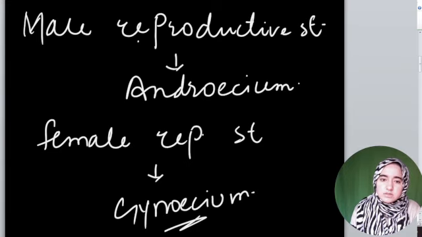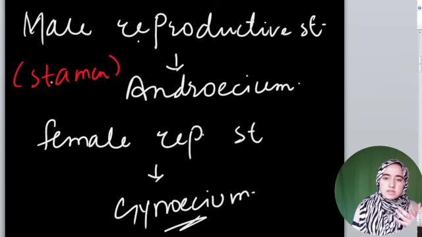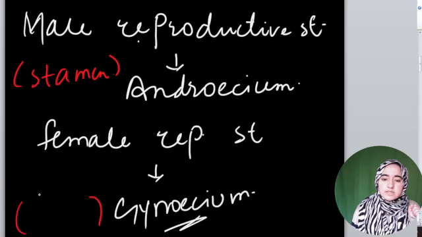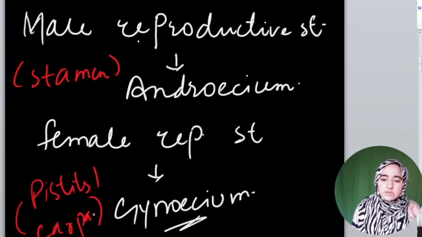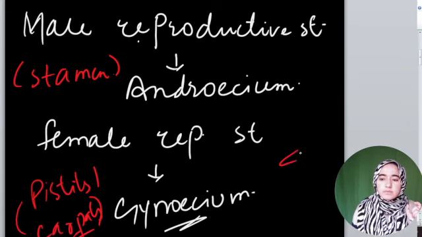Androecium consists of lots of stamens, each of which consists of anther and filament. Anther is bilobed. Gynoecium consists of so many pistils, another name for which is carpels. And pistil itself is formed by stigma, style, and ovary.